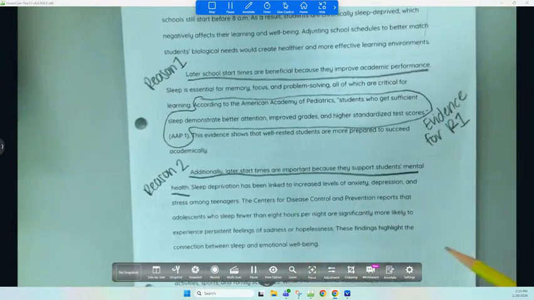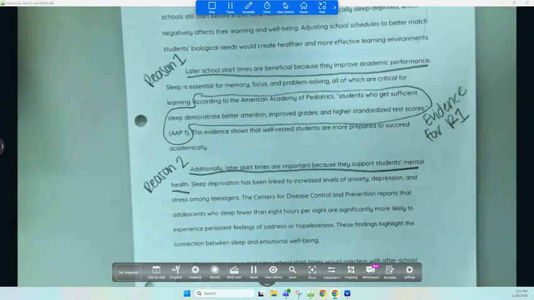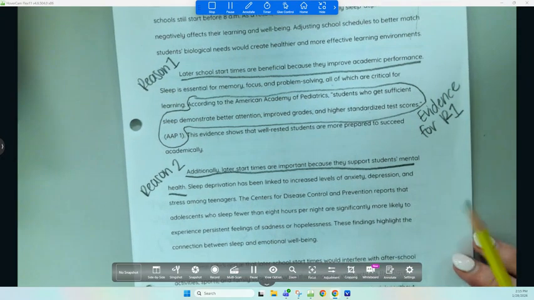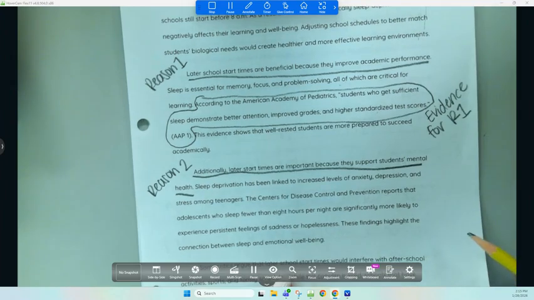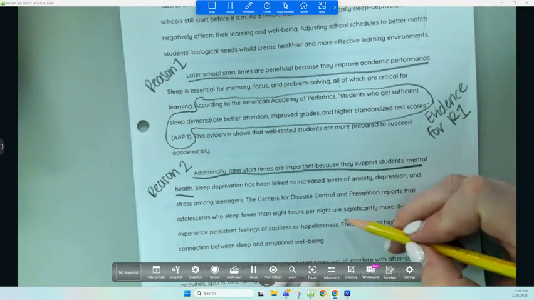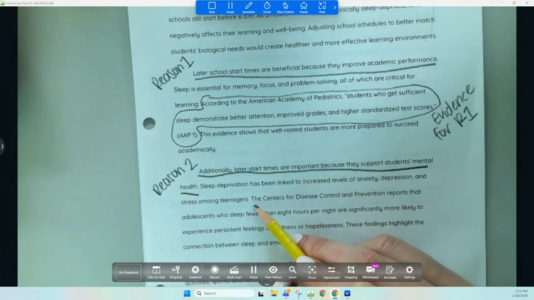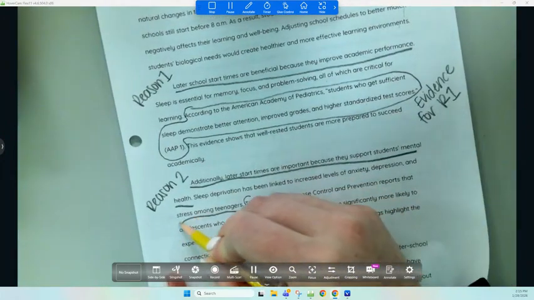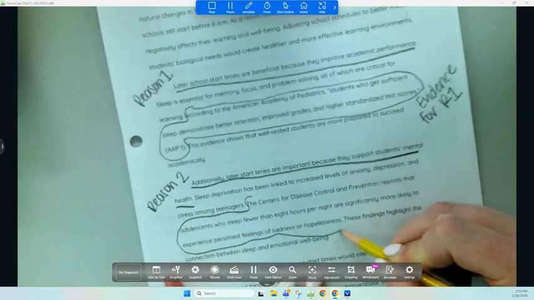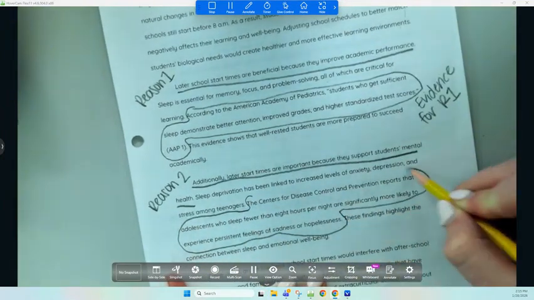Okay, boom. All right, the Centers for Disease Control and Prevention reports that adolescents who sleep fewer than 8 hours per night are significantly more likely to experience persistent feelings of sadness and hopelessness. So they are citing the Centers for Disease Control and Prevention.